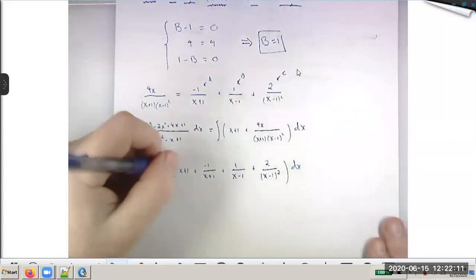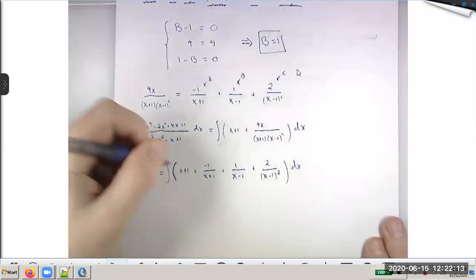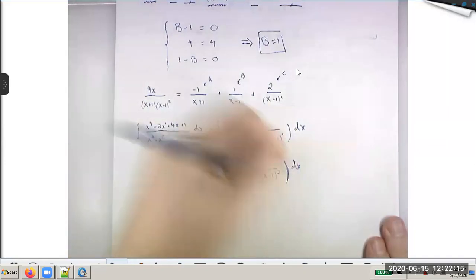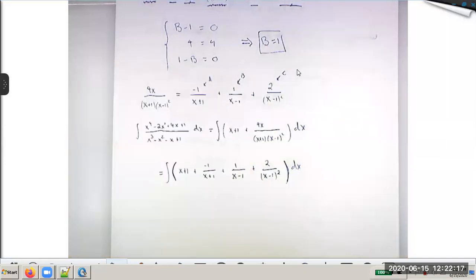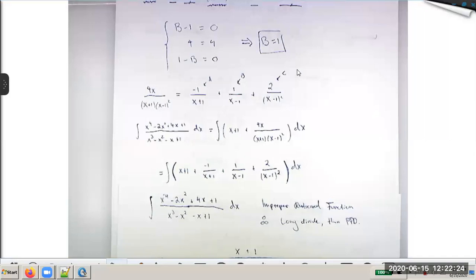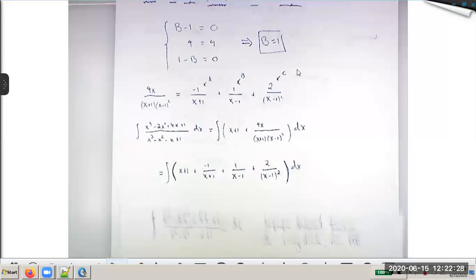That is the fully expanded form of that rational function. Bit of a mess, but we expected that. The degree of the top was 4, the degree of the bottom was 3. This integral looked terrifying at the start. But we did some long division, then some PFD, and we got it down to this.